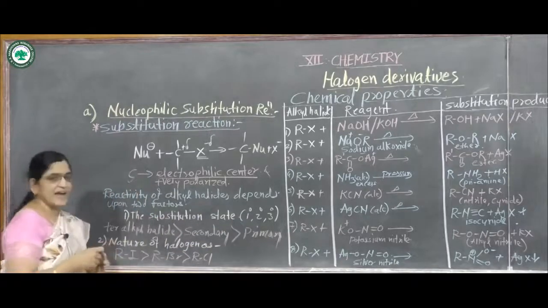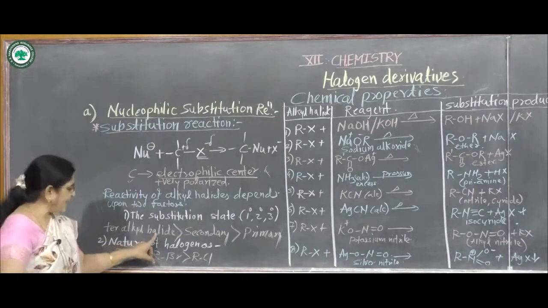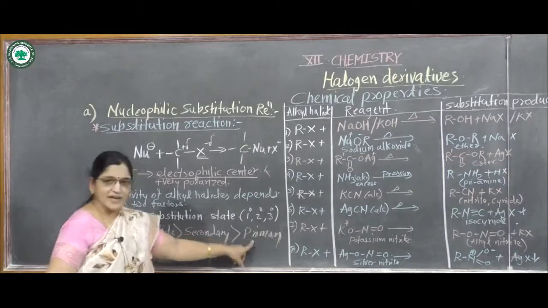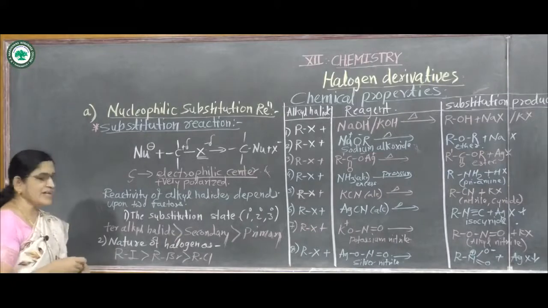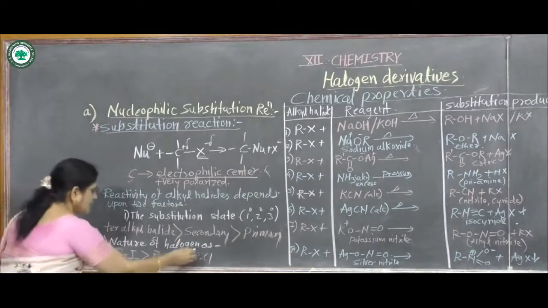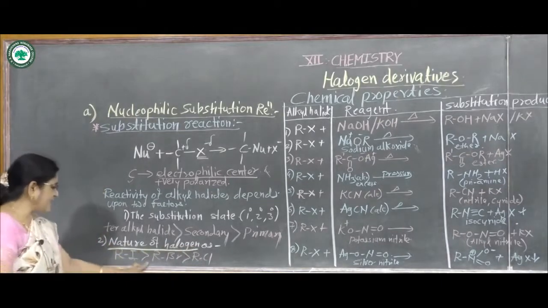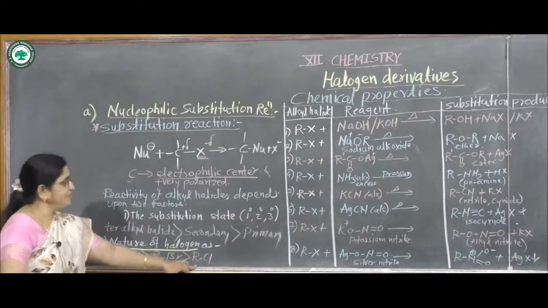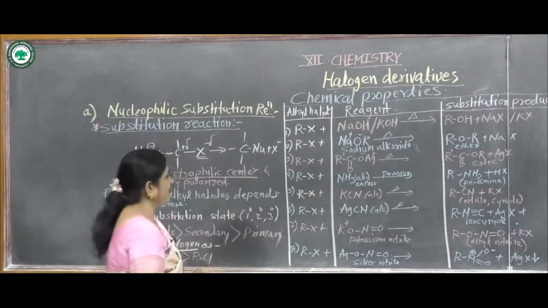The order of reactivity is: tertiary alkyl halide is greater than secondary alkyl halide, which is greater than primary alkyl halide. The second factor is the nature of the halogen: alkyl iodide is greater than alkyl bromide, which is greater than alkyl chloride. Then there are some nucleophilic substitution reactions.